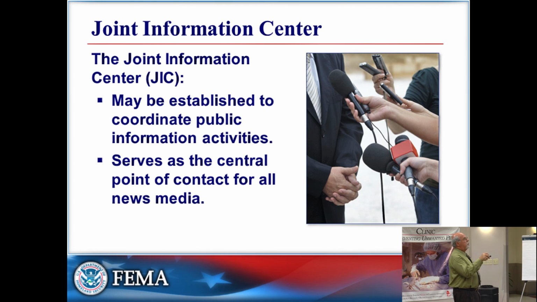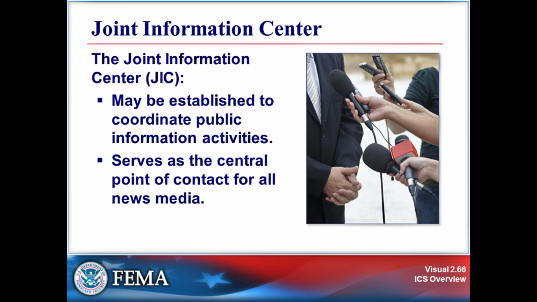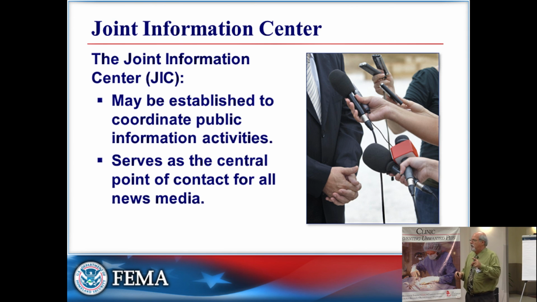And so they'll come to a public information officer who might establish something called a Joint Information Center. Again, you think about the delegations of authority. If I've got 100 media representatives trying to talk to a single PIO, if I'm the PIO, do I have time to do 100 interviews?